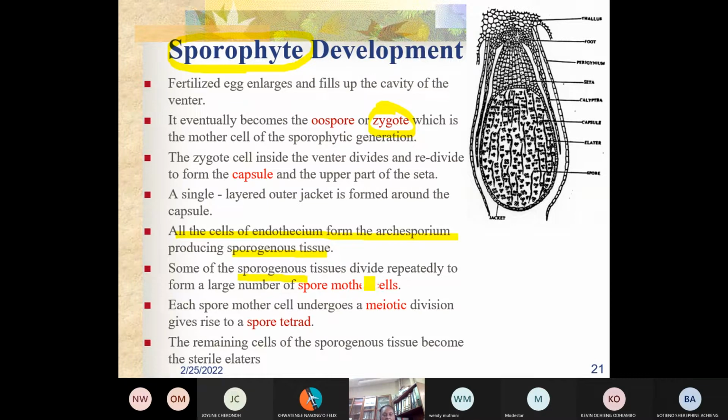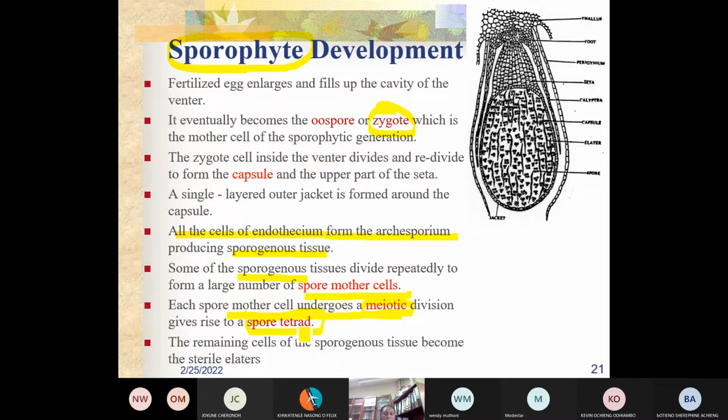So within the sporogenous material, we have the spore mother cells. The spore mother cells will undergo meiotic division to produce a spore tetrad. Tetrad, 4, because of the meiotic division, and which will then separate. Get a tetrad first, then they separate. Then the other materials, anything else which is not sporogenous, is basically sterile.